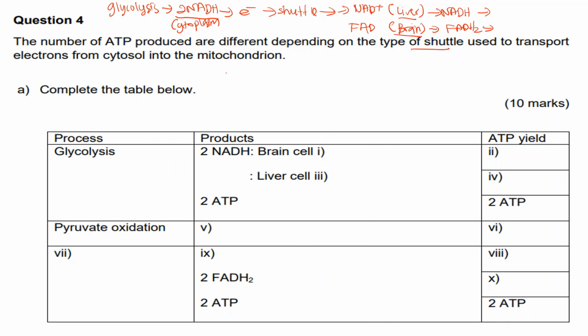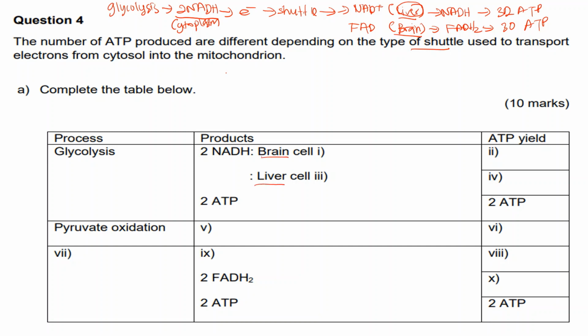For the NAD molecule, so for the liver cell, the number of ATP produced is 32 ATP, and as for the brain, the number of ATP molecules is 30 produced at the end of cellular respiration. So using this table, you have to show your calculation, how you get the different number of ATP produced for brain and also liver cell.